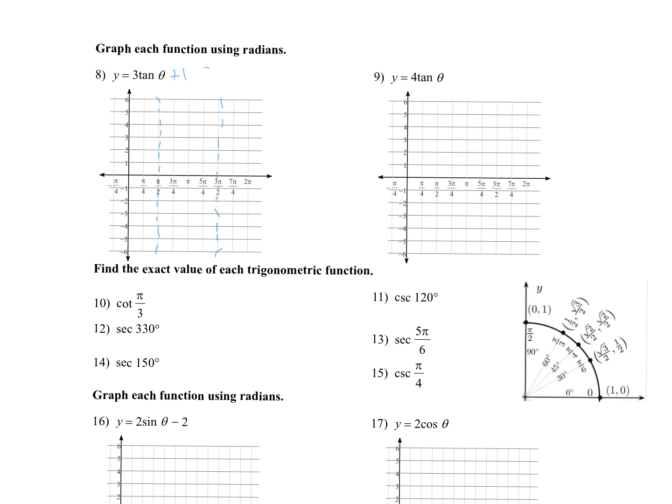And this is my vertical shift of plus 1. So I'm going to put a new midline on here at 1. This is my new midline. It's like my new 0. And I know tangent is 0 at pi and at 2 pi. So on this brand new midline, I'm going to put my zeros on.